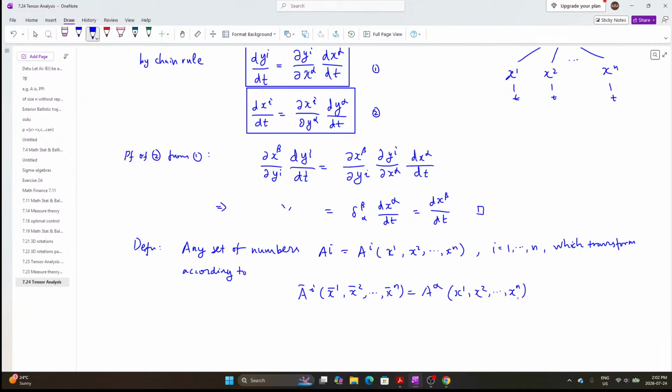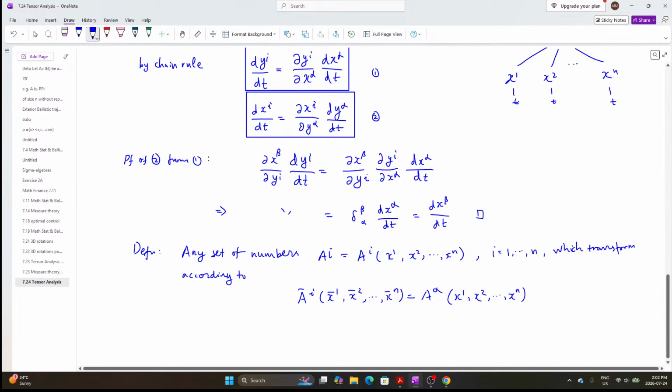And then multiply that by the Jacobian, which would be the barred coordinate, dx bar^i over dx^α.